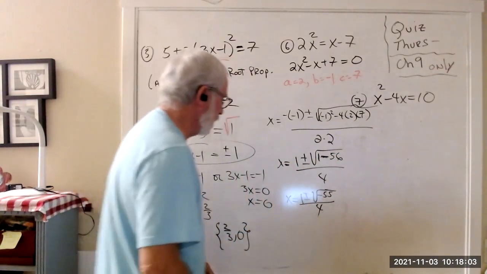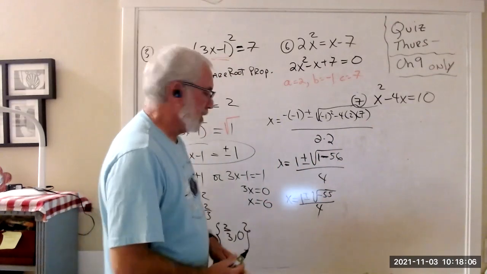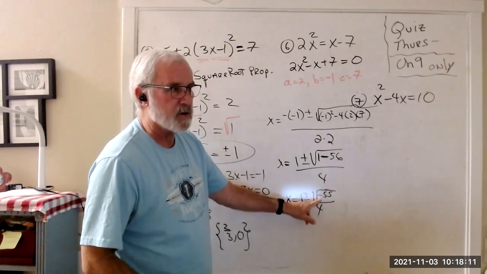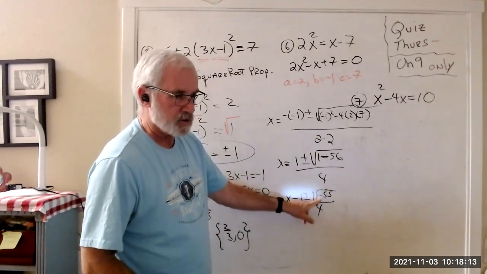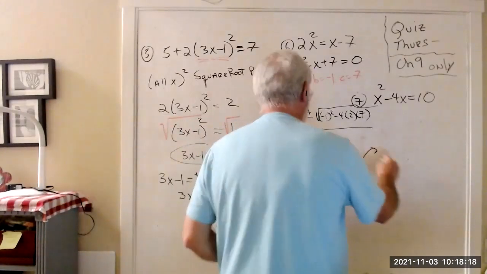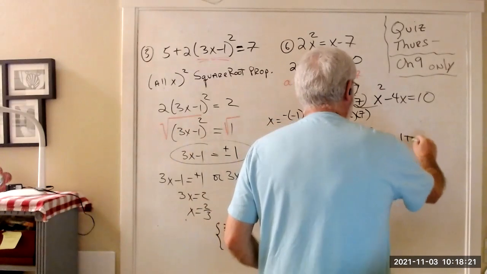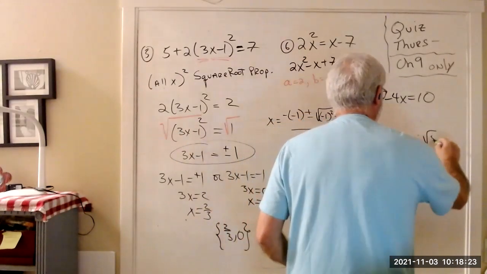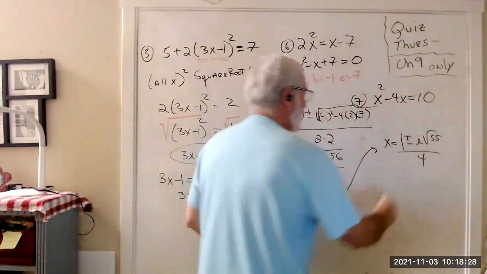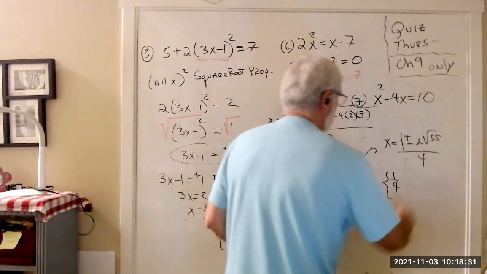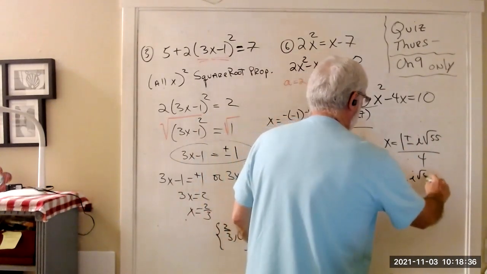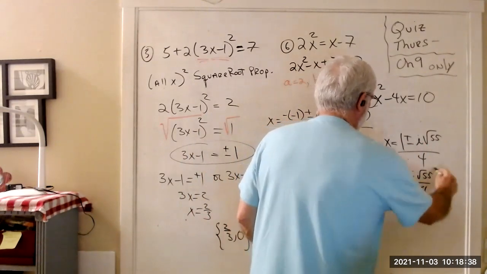I'm right in the middle of the glare, but you can still see the -55. What do you do with a negative number inside of a square root? Pull it out, call it I. So this becomes X is 1 plus or minus I radical 55 all over 4. Should we separate it? Yeah. The proper answer is 1/4 plus or minus I radical 55 fourths.